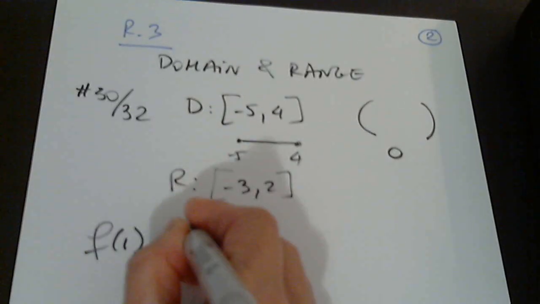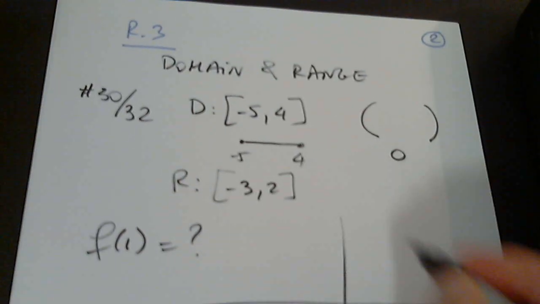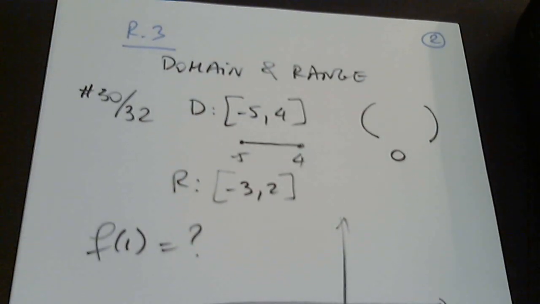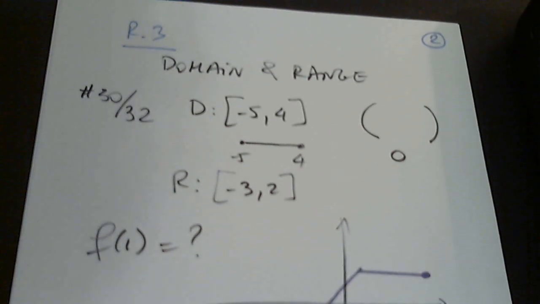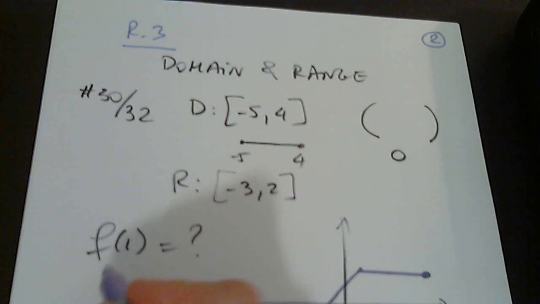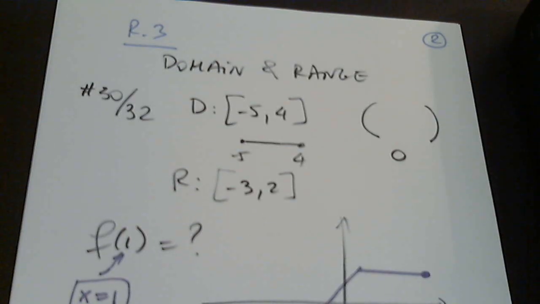When we're asked to find f of 1, bear with me, we're not going to read from my graph, but I just need to have a graph here. So let's say it's this graph. It's not exactly, but doesn't matter. So what am I asked to determine? Well, I am given that x equals 1. Remember what we discussed about x equals 1.